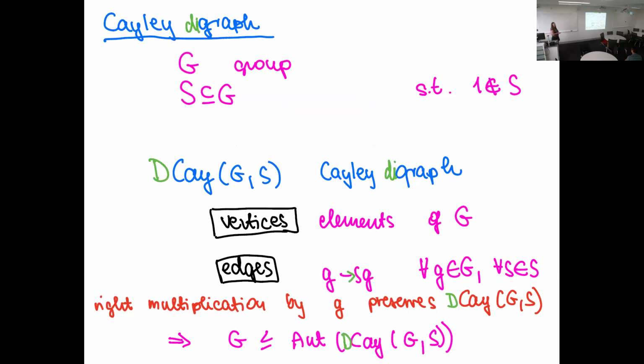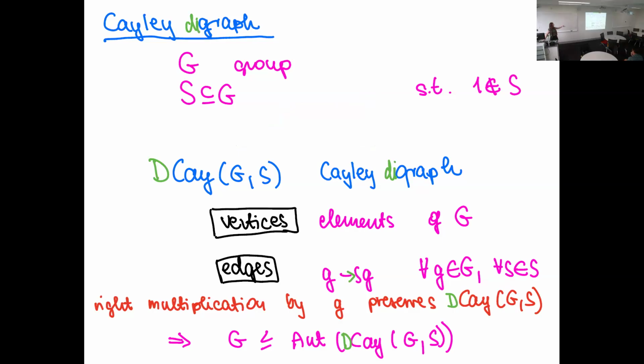Now you can also define the Cayley digraph as well, which will now be a directed graph that we saw a lot in the previous talk. And here you don't need inverses anymore, because if you had all the inverses, then it would be undirected again. And then g will be pointed to sg here.